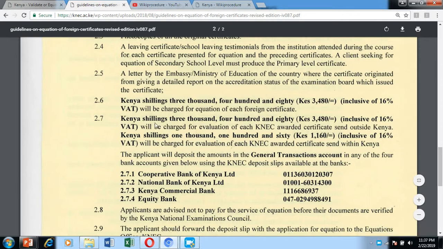The same amount will be charged for equation of each KNEC certificate to be sent outside Kenya. They say 1,160 will be charged for evaluation of each KNEC certificate to be sent within Kenya.